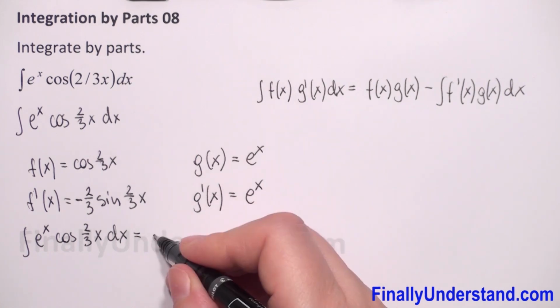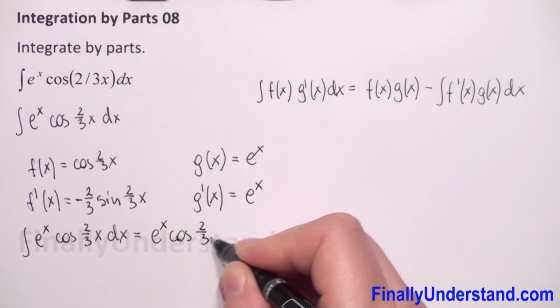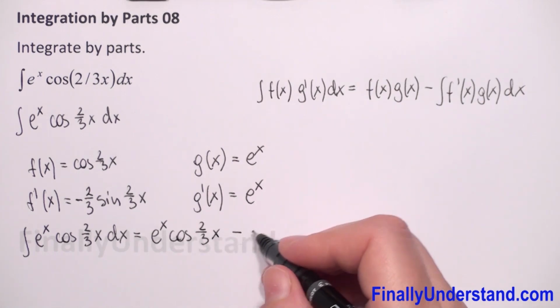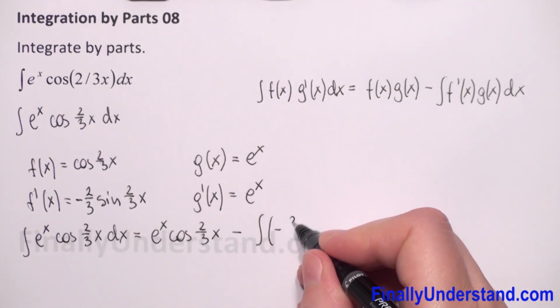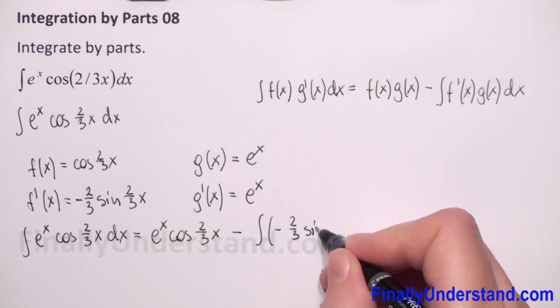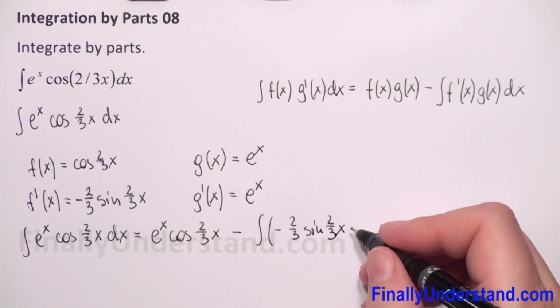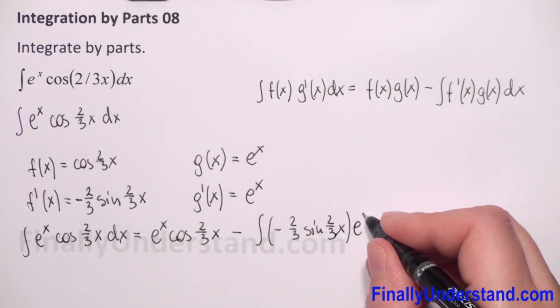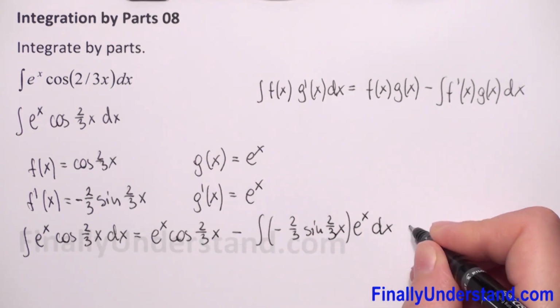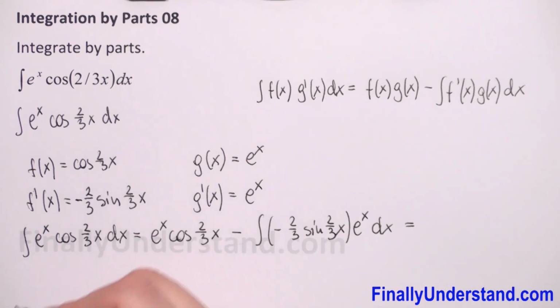So first I will put e to power x times cosine of 2/3x minus integral of f prime, which is negative 2/3 sine of 2/3x, times g. G is e to power x, with respect to x.